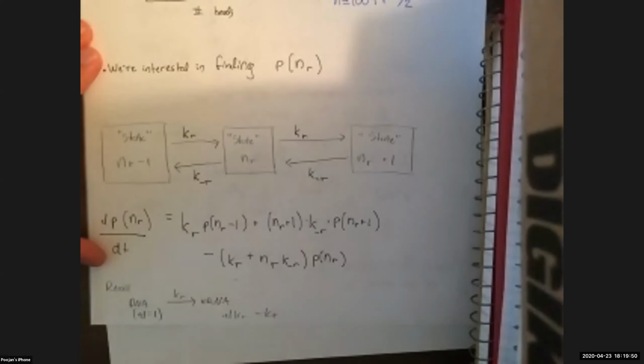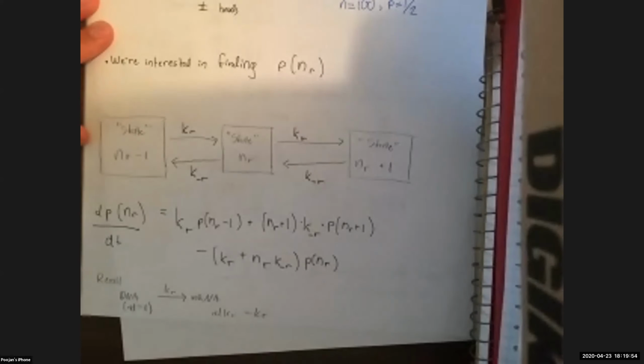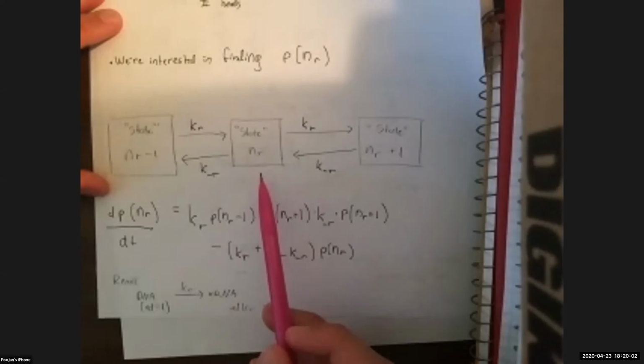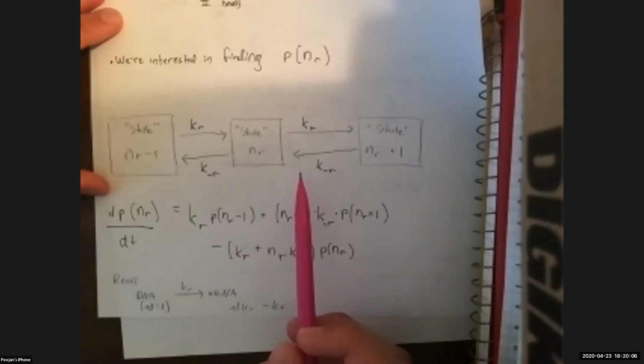So in class, this is what was introduced as a model to approximate that. Hopefully you can see this, but essentially, if we're thinking about a hypothetical state NR over here, we can think about the probability of getting to the state as a function of the probabilities of its two adjacent states.